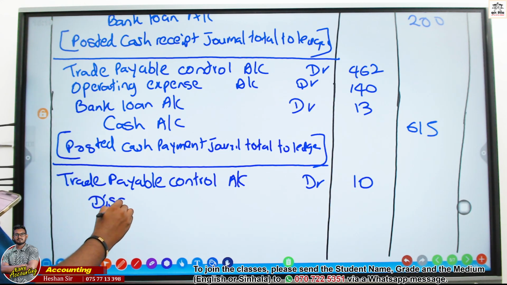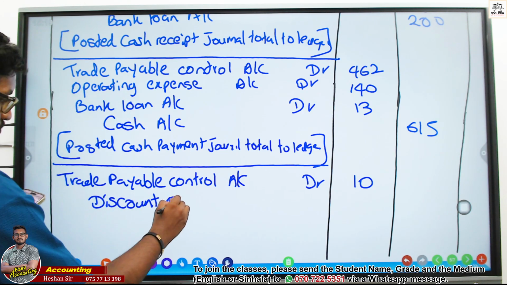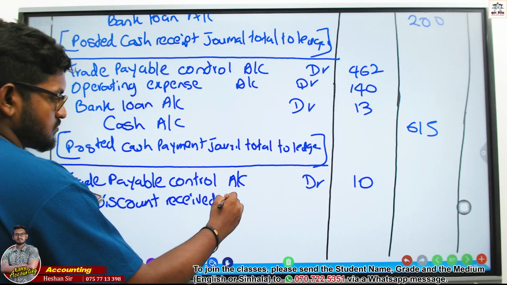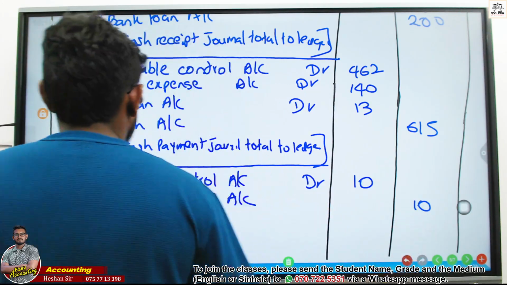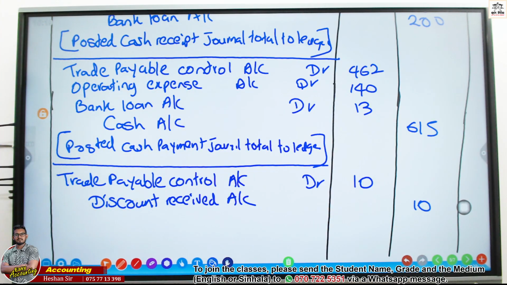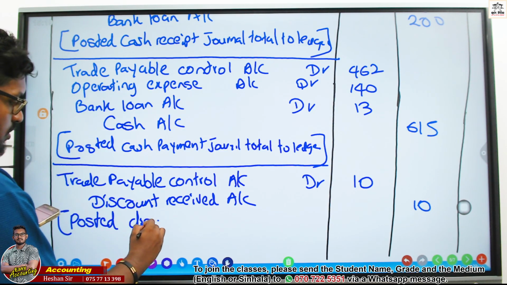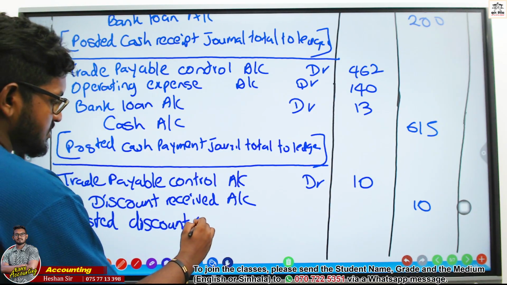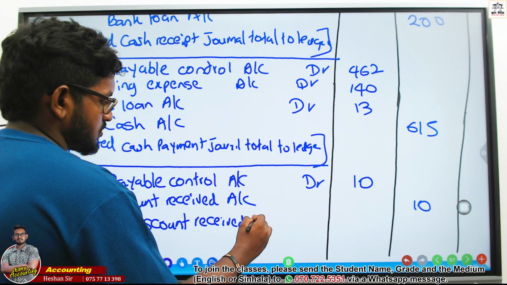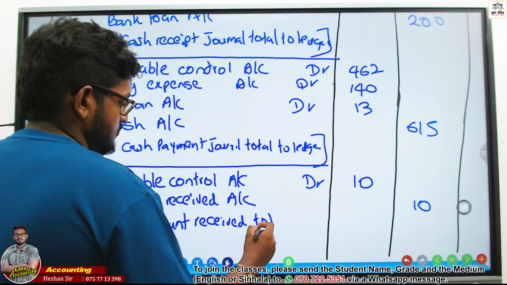Discount received account credit 10. You can write the narration. Posted discount received total to ledger.